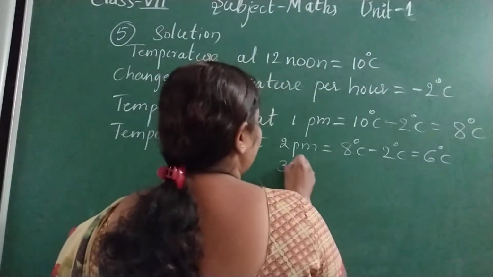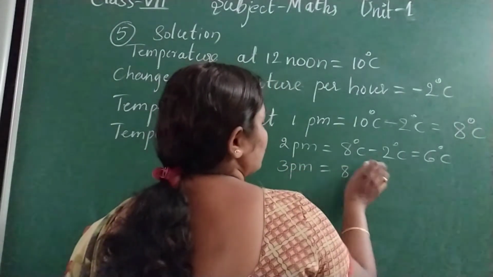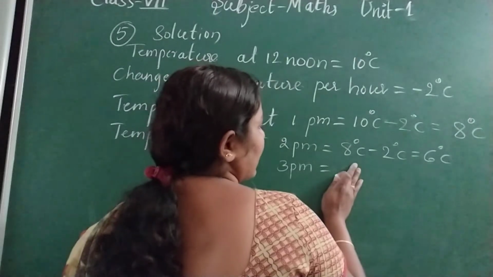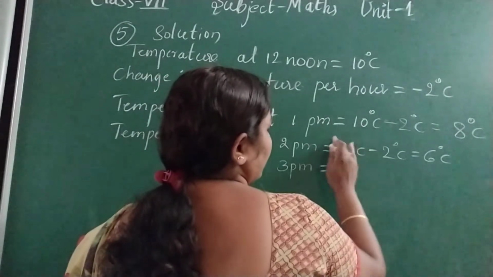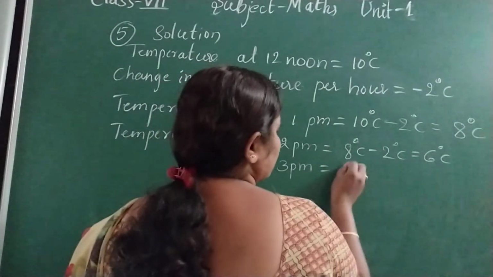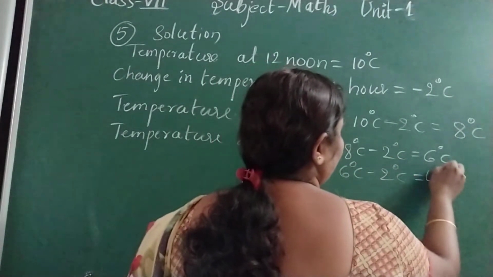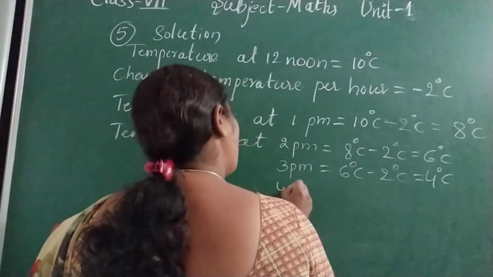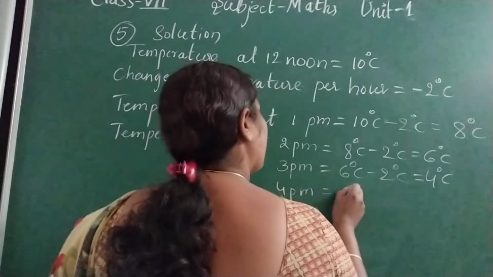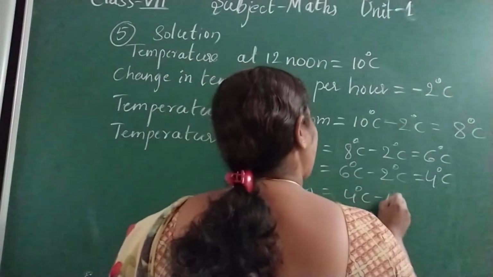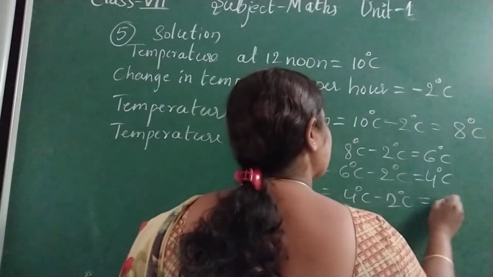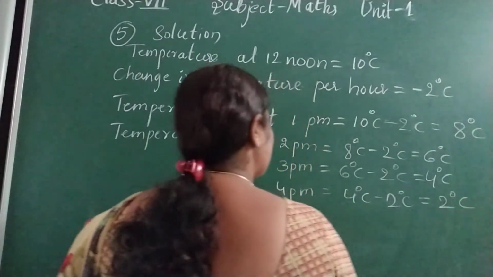Temperature at 3 p.m.: 6 degrees Celsius minus 2 will become 4 degrees Celsius. Then 4 p.m.: 4 degrees Celsius minus 2 degrees Celsius is equal to 2 degrees Celsius.